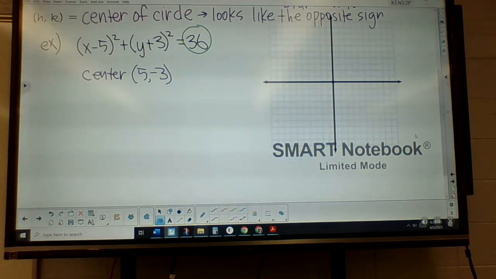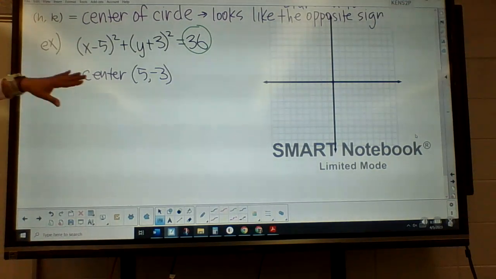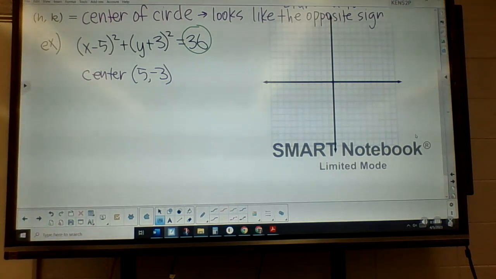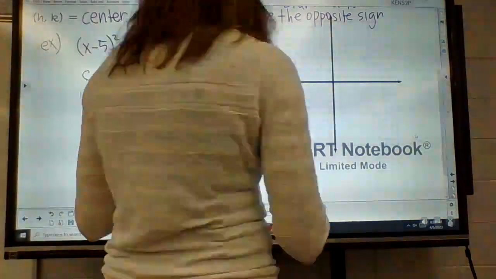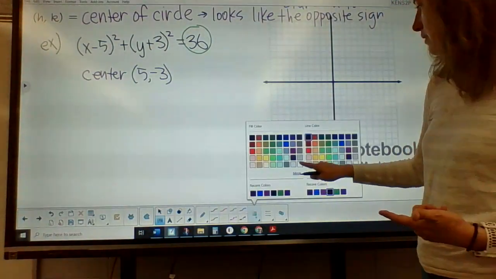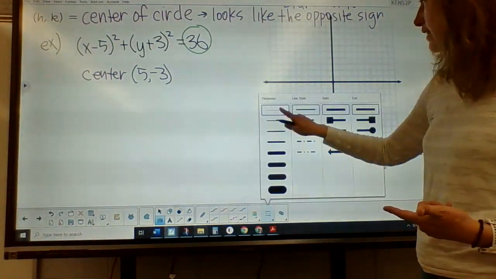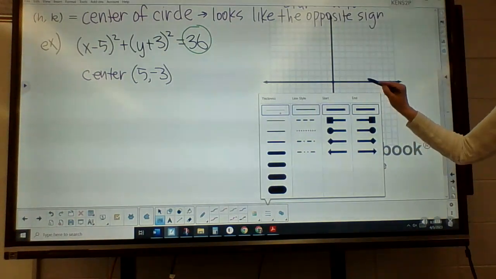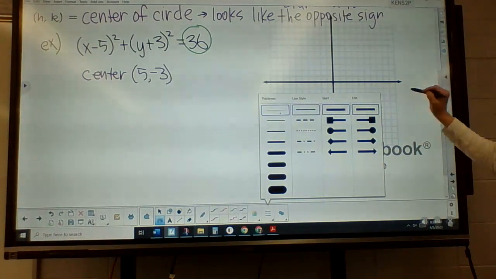If we're going to graph this, we're going to start with the center. We discovered the center was 5, -3. So over 5 and then down 1, 2, 3.